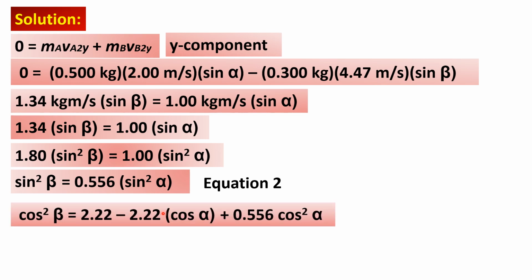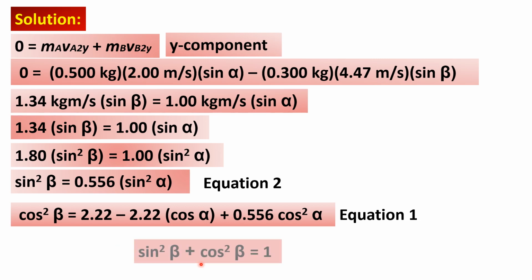Earlier we already have equation number 1. And for us to be able to combine the two equations in order to determine, for example, the value of angle alpha, there is a need for us to apply a trigonometric identity which says that the square of the sine of angle beta plus the square of the cosine of the angle beta is equal to 1.